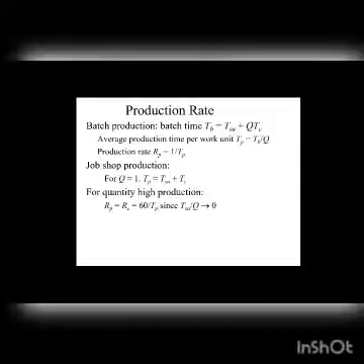So Q into TC is the time required for handling or processing those say 100 units, plus that TSU is the setup time required for the operation. Both put together is the batch time. So now if you want to calculate the production rate, then RP is equal to 1 by this TP.